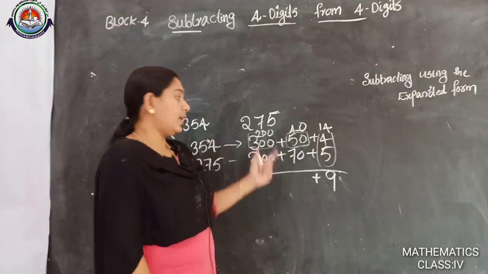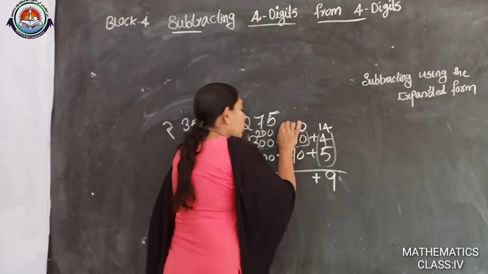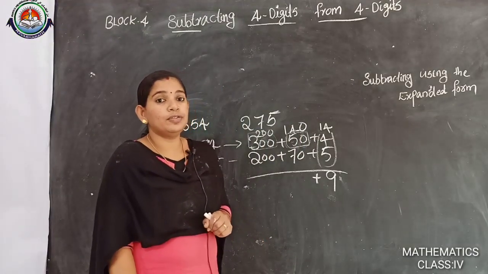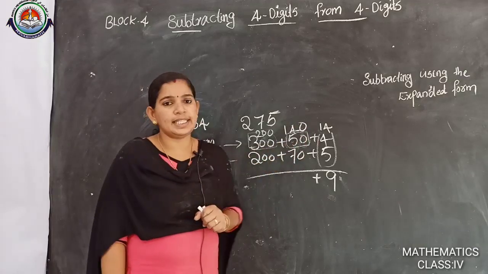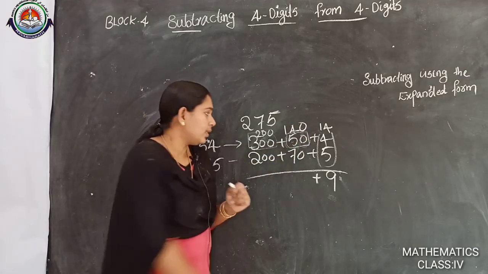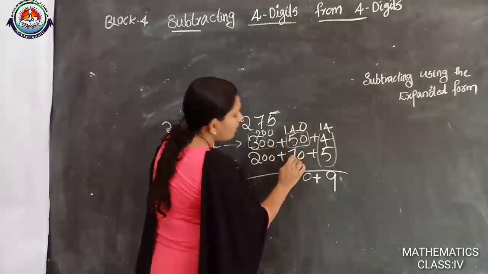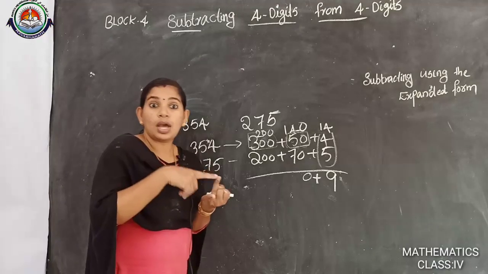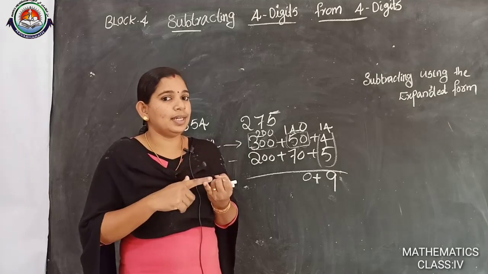So we are taking 100 to here. It becomes 140. 140 minus 70. After 7 we count 8, 9, 10, 11, 12, 13, 14.